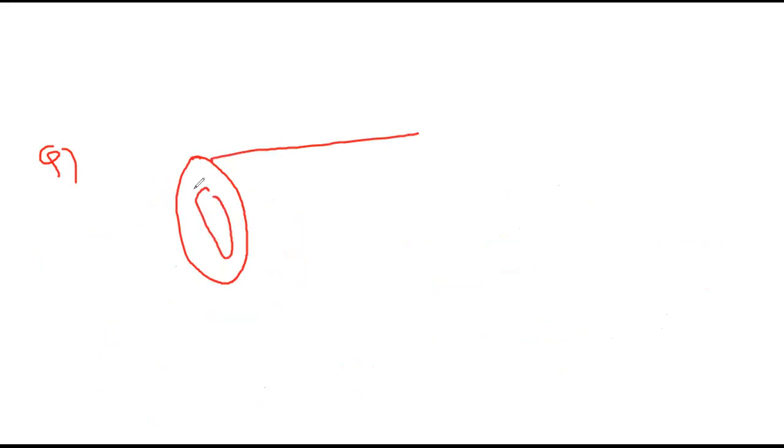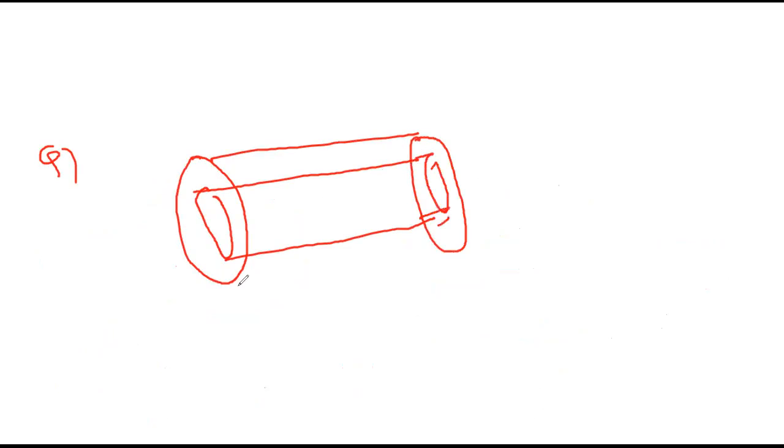See. This is cylinder having inner radius r1 and outer radius is r2. This is length L. We want resistance.